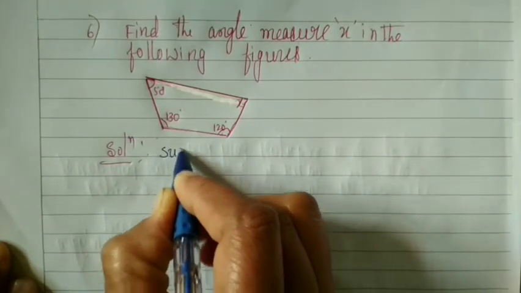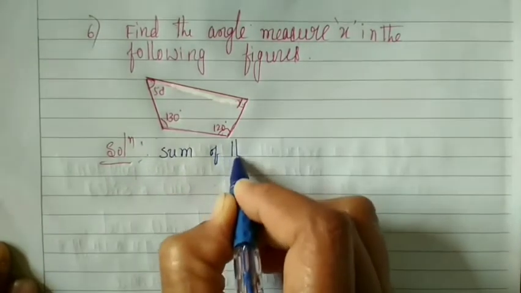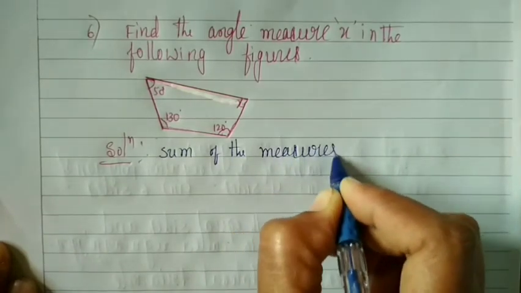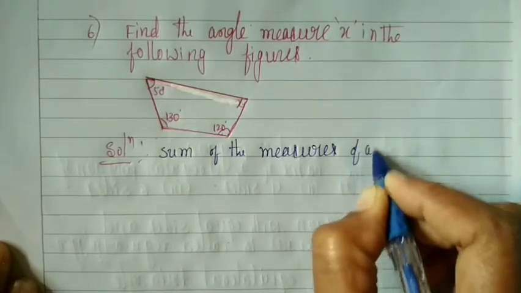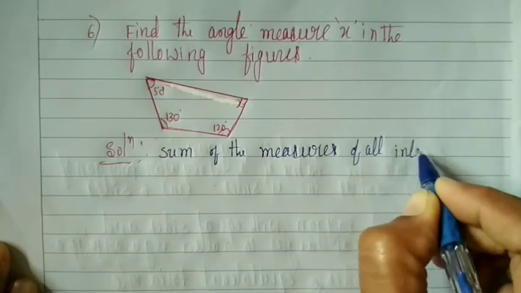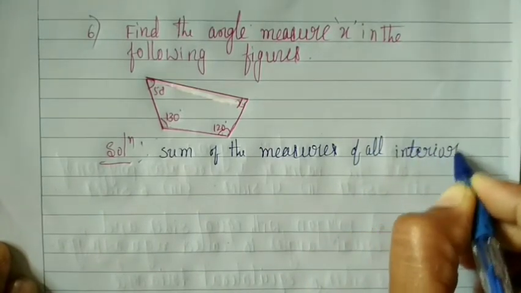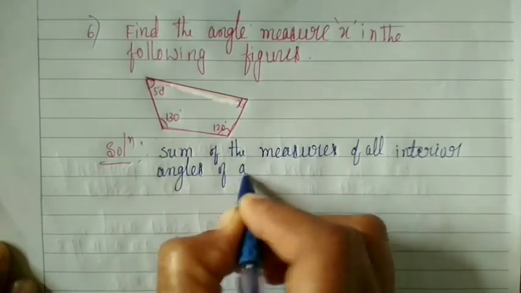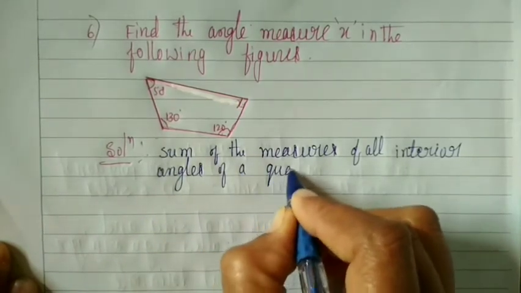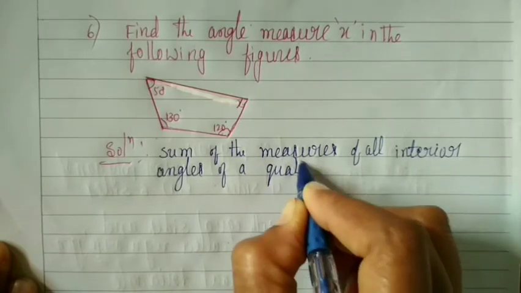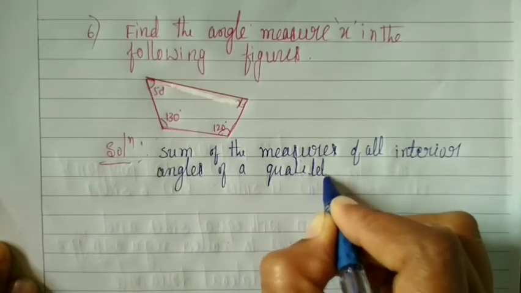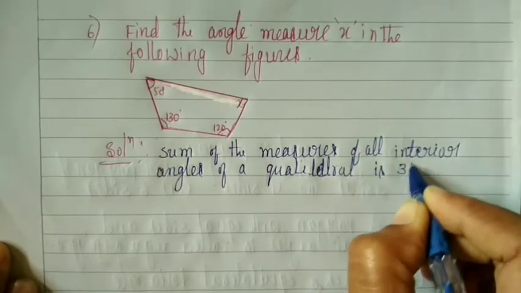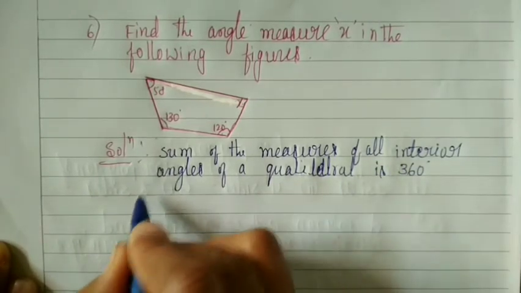The sum of the measures of all interior angles of a quadrilateral is 360 degree.